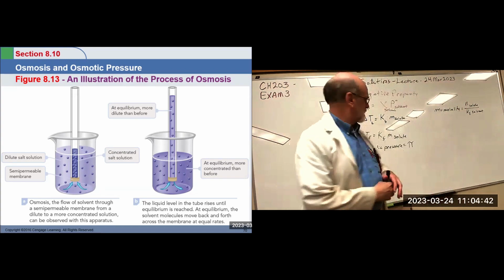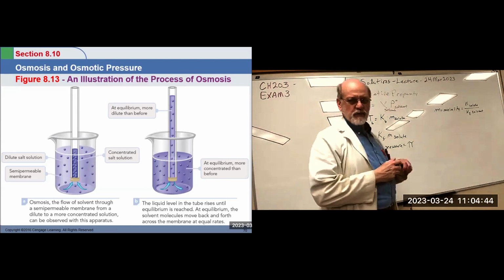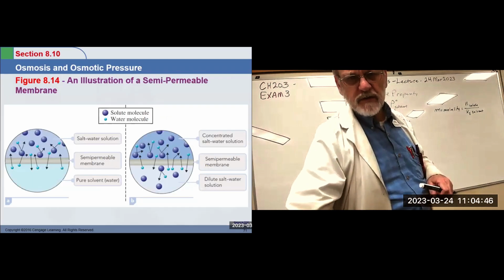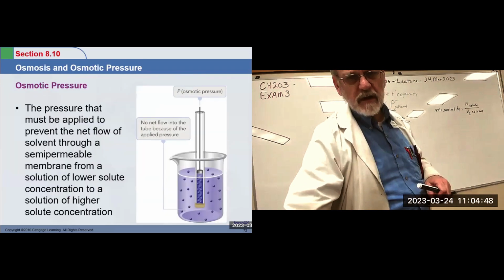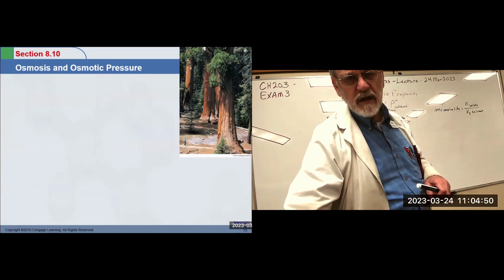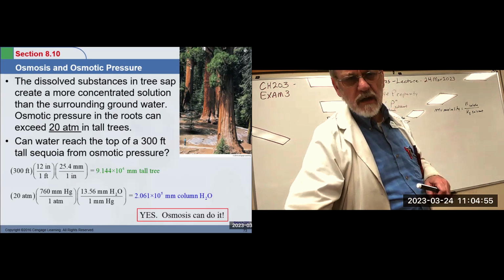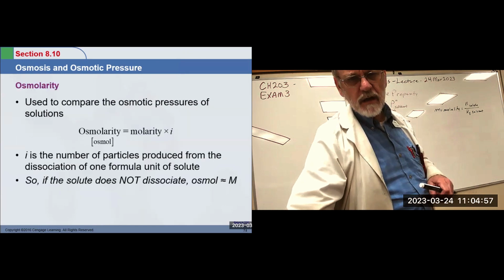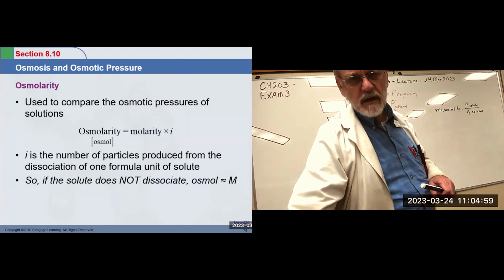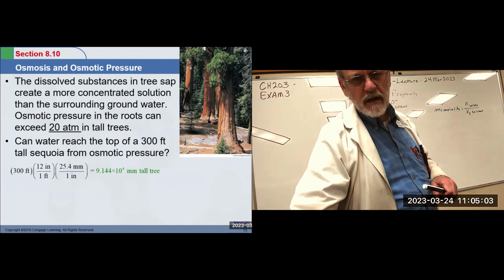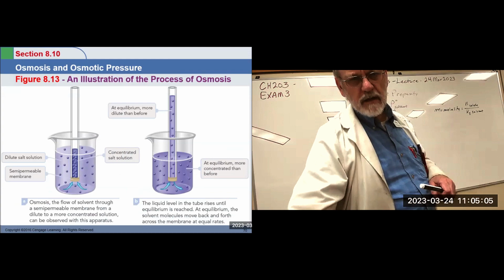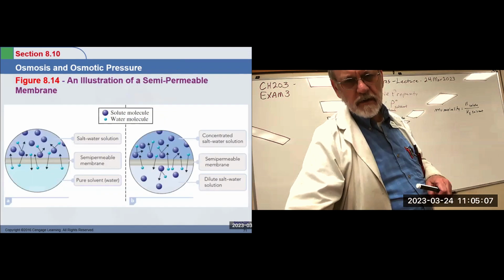But typically, this expression, which should be on the next page. Wait a minute. They didn't give the formula. Okay. Oh, I messed up.